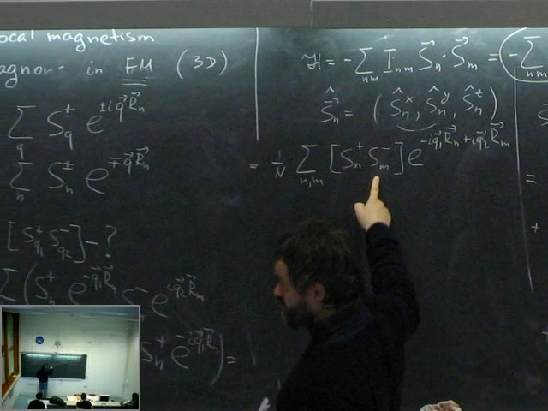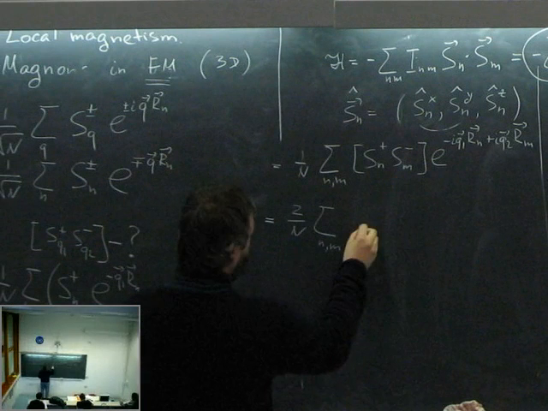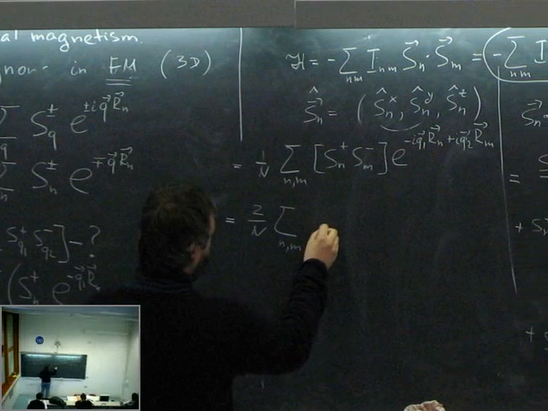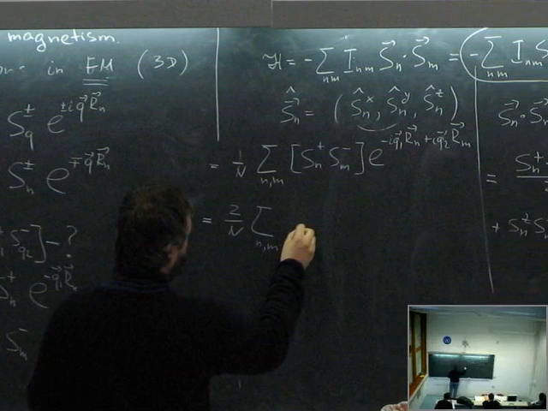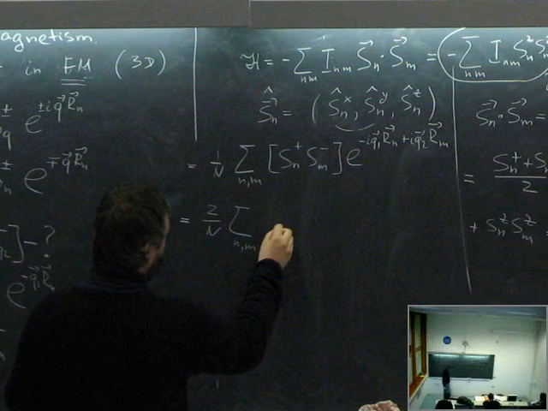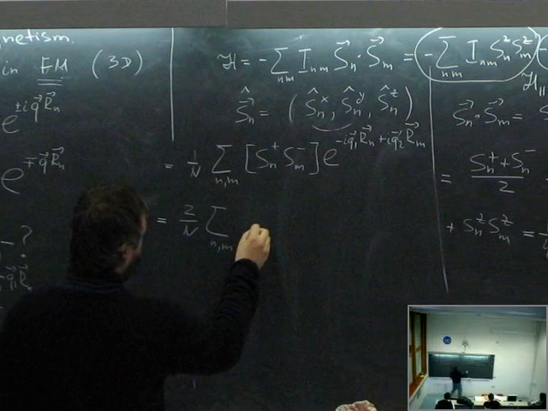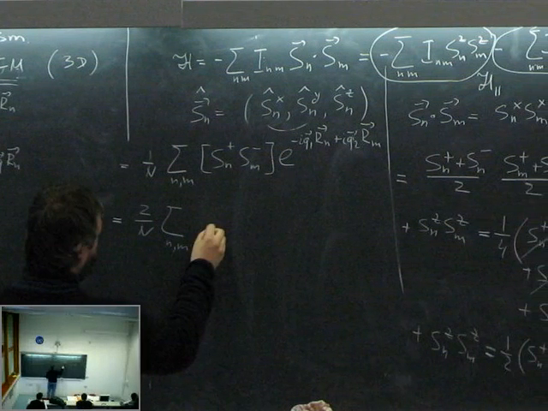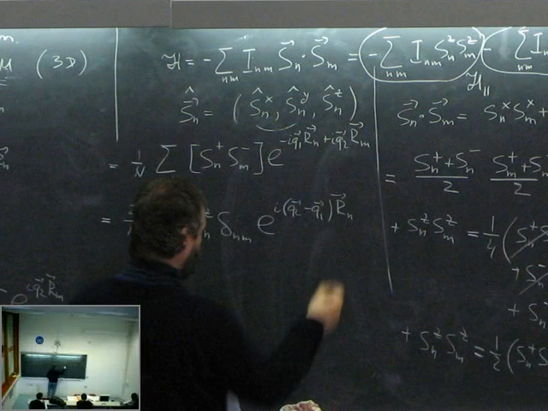So it's 2 over N, sum over n, m of S_n^z delta_nm. And now I put e to the power i (q2 minus q1) r_n.